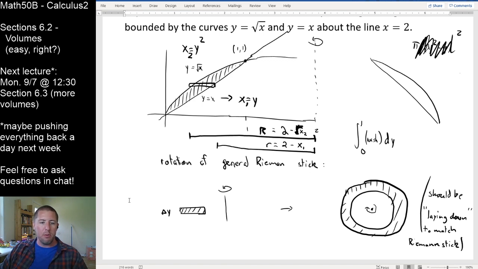Determine your one representative Riemann object, figure out how to accumulate the infinite number of Riemann objects to get to your total volume. Finally, when we hit 6.4, 6.4 is work. Awesome. 6.4, we get to do some physics. So 6.4 is a little bit of physics problems. These are really satisfying. I'm assuming at least half of you are physics engineering people, so this should be your focus anyway.